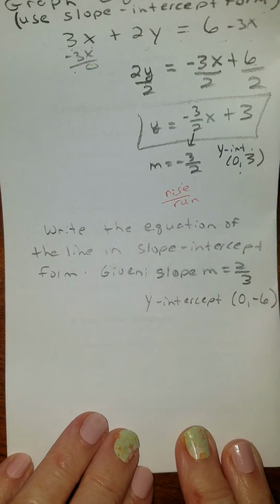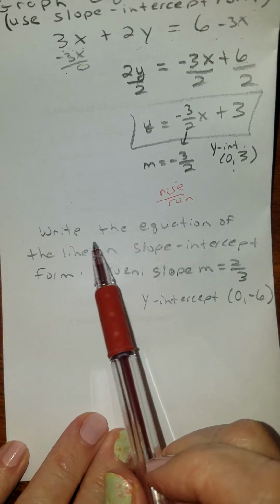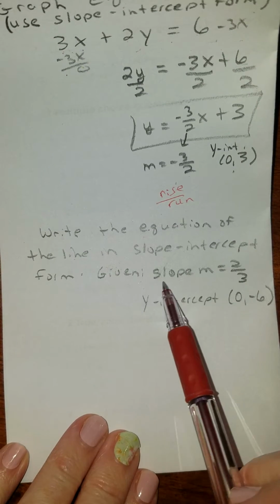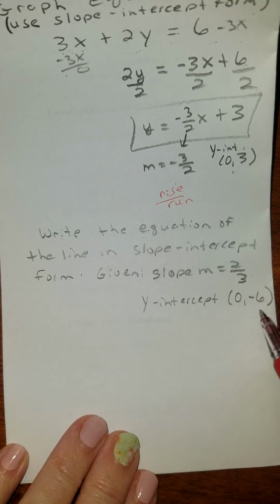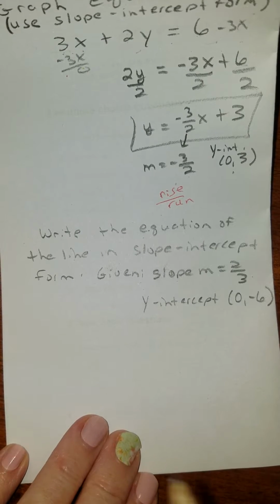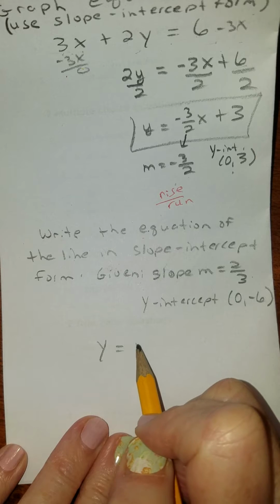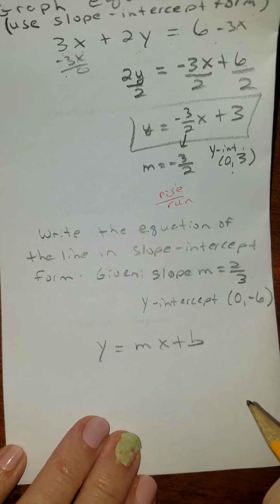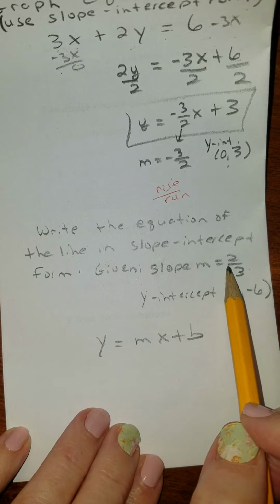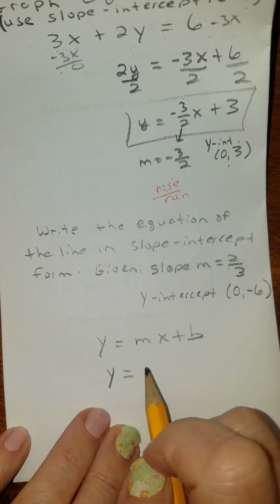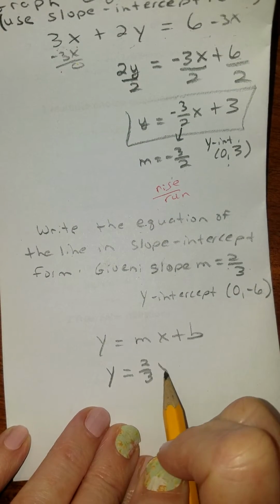Another type of problem that you're going to come across in this section says write the equation of the line in slope-intercept form, given the slope and the y-intercept. So they're asking you to take this given information and write it in the slope-intercept form. Well, the slope is m, so I'm going to write y equals, plug in the 2/3 for the m.